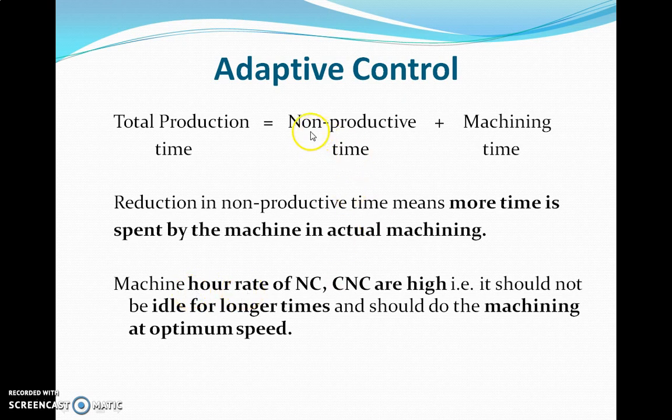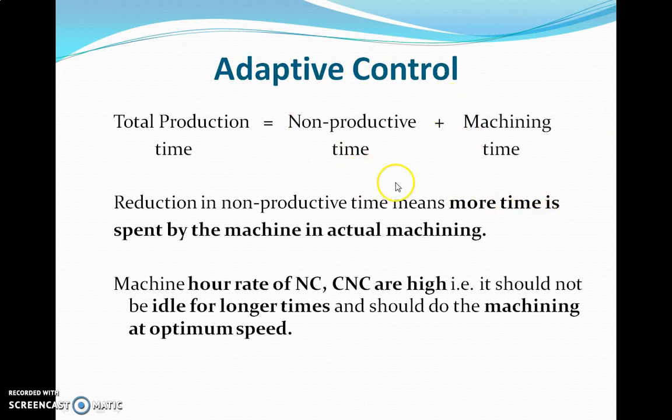That means non-productive time as well as machining time are under control. The machine should not be idle for longer times, and it should do the machining at optimum speed. That means when I am using an NC or CNC machine, the machining time should be controlled.